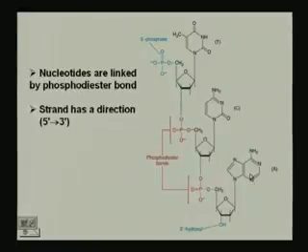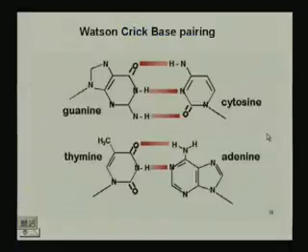If we have A on this strand, it is going to link with a T on the other strand. Now, if you look very carefully, the pairing, as I mentioned, is between a purine and a pyrimidine, a purine and a pyrimidine. So, there is one member of the pair that has a fused 6 and 5 membered ring being part of the purine family, and we have just the 6 membered CN ring that is part of the pyrimidine family.